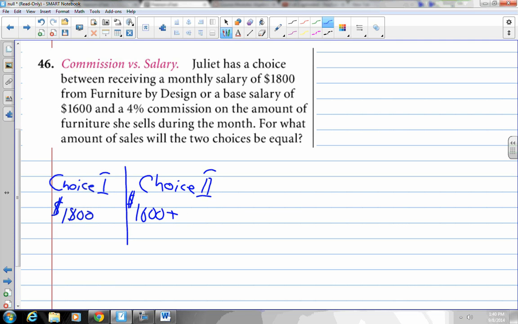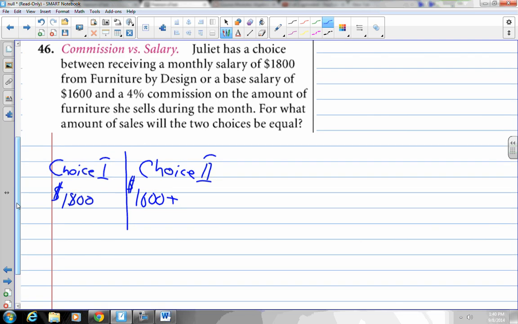So how do we express that mathematically? 4% commission of the amount of furniture she sells. We need a variable, right? So what should that variable represent? What is x in this case? No, 0.04 is 0.04.